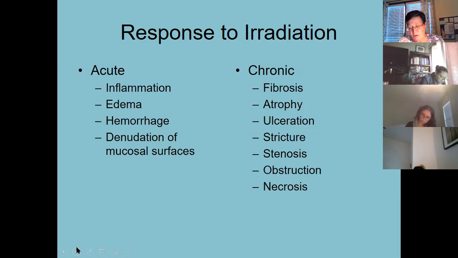So all of these are responses of tissues and organs to irradiation, and the response that you see would be primarily dependent on dose, total dose received, and also whether the radiation was received acutely or more chronically. And again, those are things we've already talked about in general. We know the greatest amount of radiation damage would occur if the radiation dose was given all at once and if the dose rate was high.